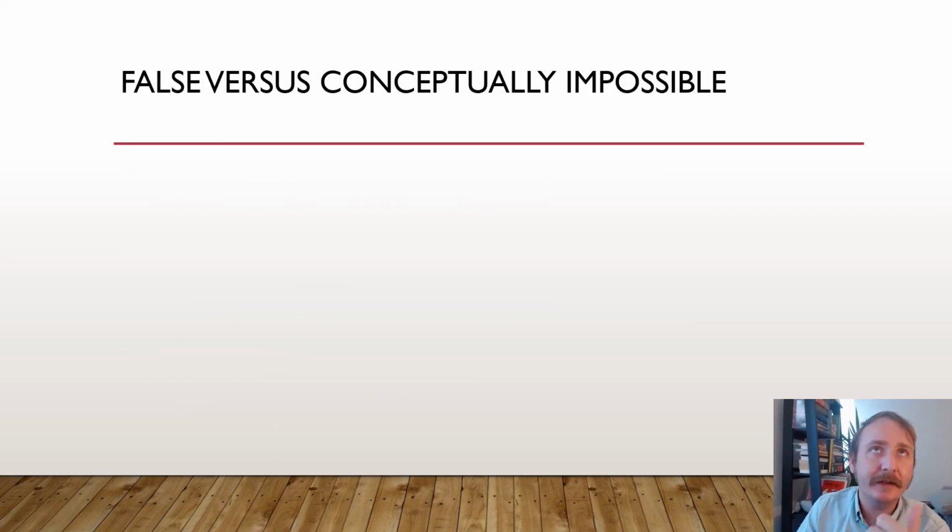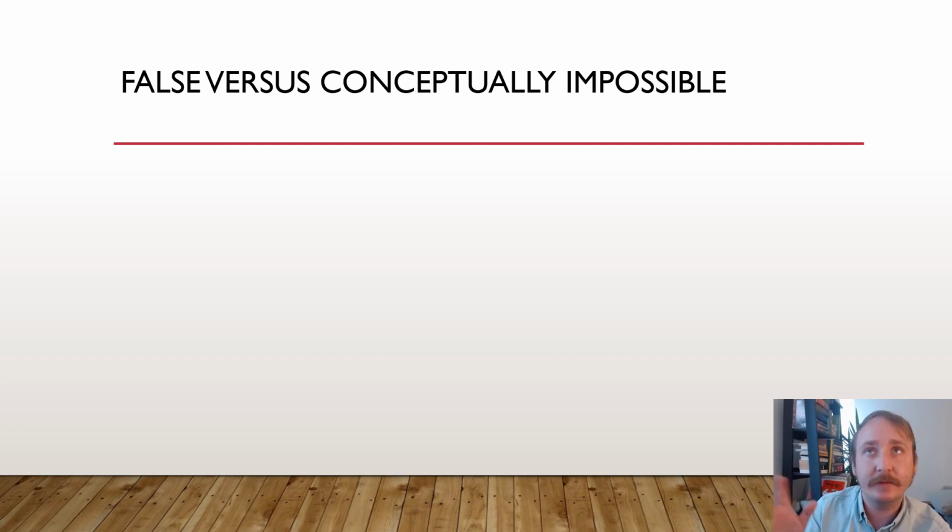Now, in trying to think about consistency, it's important to distinguish between false beliefs, beliefs whose content doesn't match the world, and conceptually impossible thoughts, whose content couldn't match any imagined world. False thoughts or beliefs can be put into a set of other beliefs, and the set can still be consistent, because it doesn't really matter whether a statement is true or not.